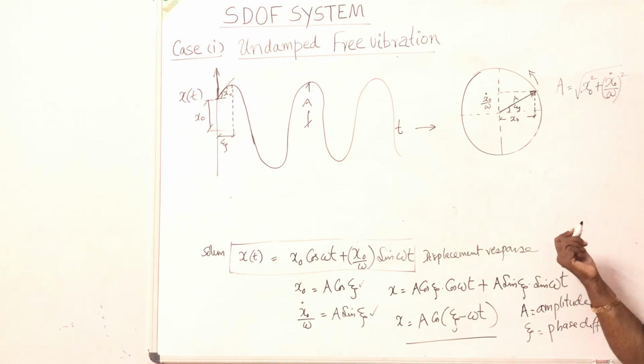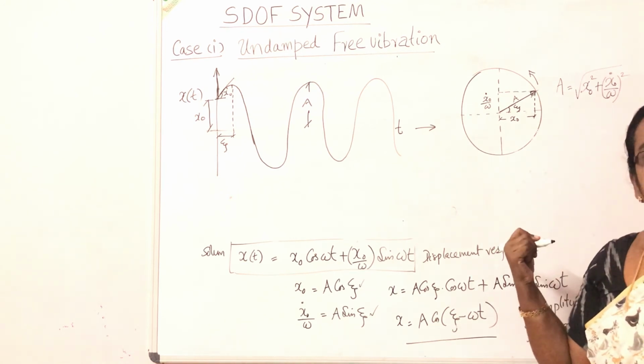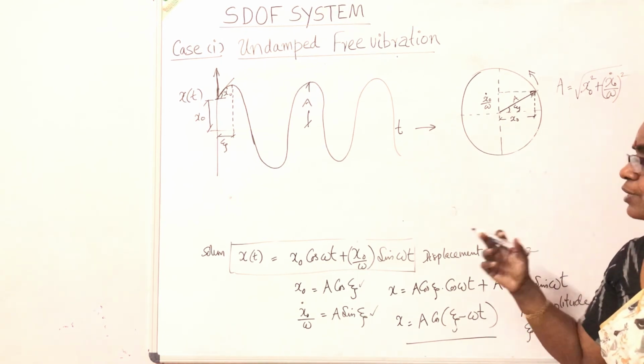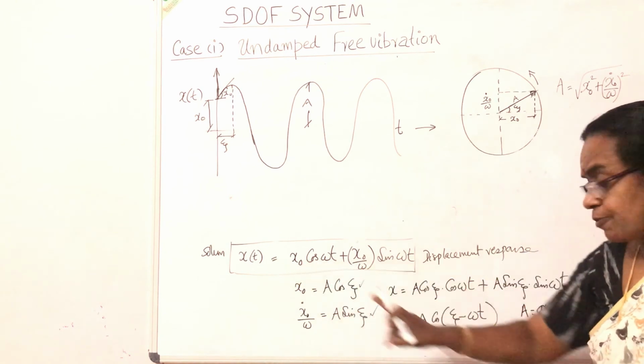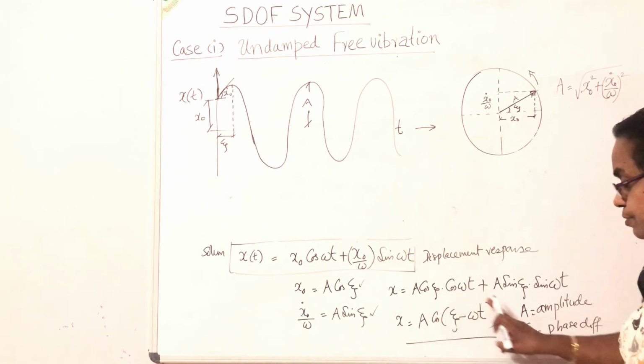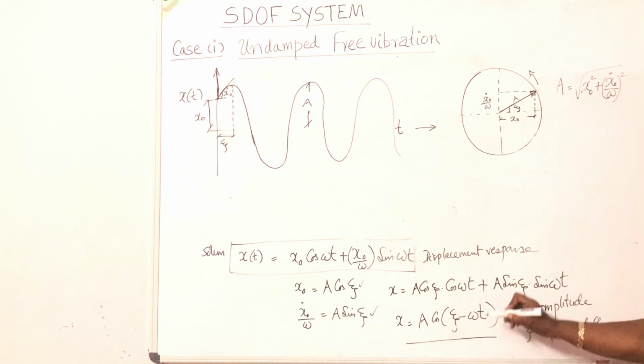You may be given the initial displacement and initial velocity, and from that you get the amplitude of vibration. Or sometimes you will be given the amplitude of vibration, and from that you have to find the initial displacement. If you are given the amplitude and asked to find the displacement at any instant, you can make use of this equation. And what is psi?